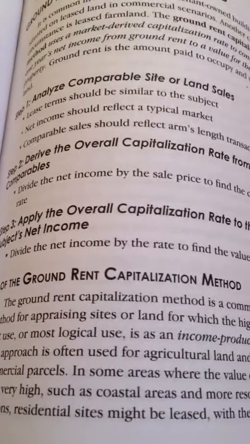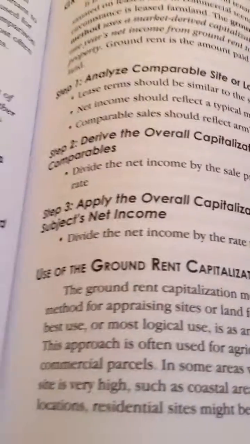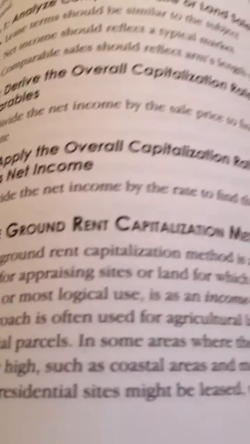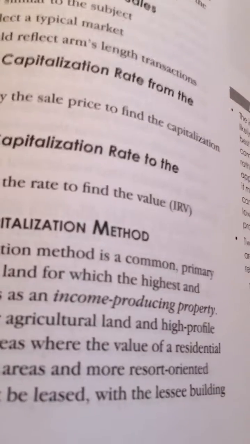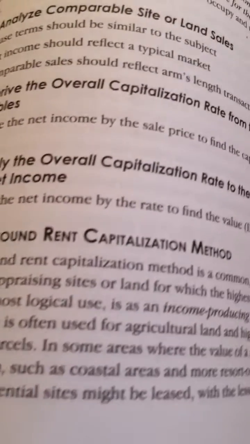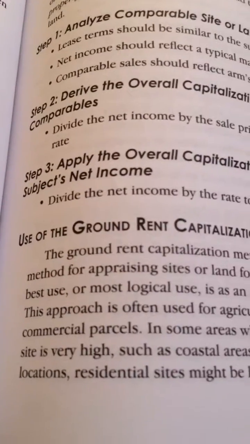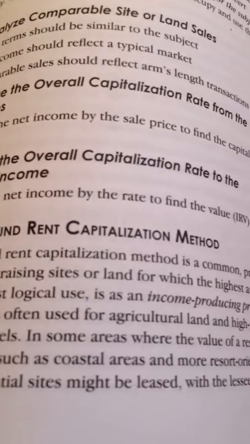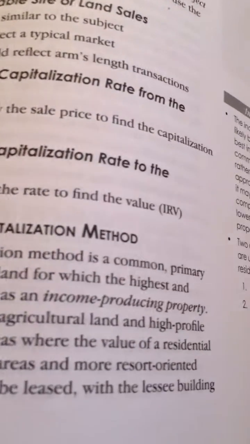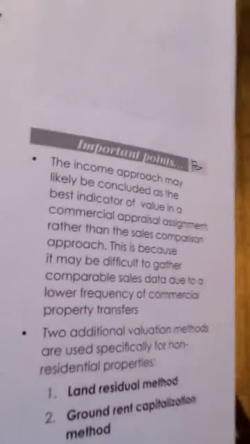This approach is often used for agricultural land and high-profile commercial parcels. In some areas where the value of a residential site is very high, such as coastal areas or more resort-oriented locations, residential sites might be leased, with the lessee building.